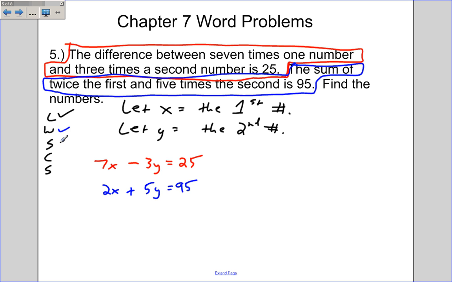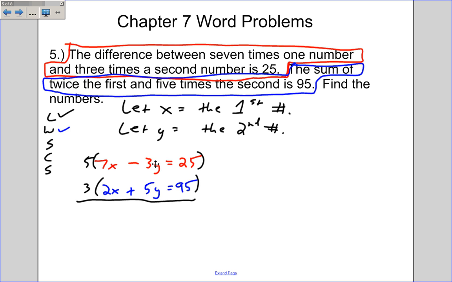Now we want to solve. Now, I personally prefer the combination method, so I'm going to use the combination method here. I've got a positive and a negative version for the y, so what I'm going to do is to simply multiply the top line by 5. Notice I multiply this by 5 and this by 3, so I can get those opposites. And this line by 3.